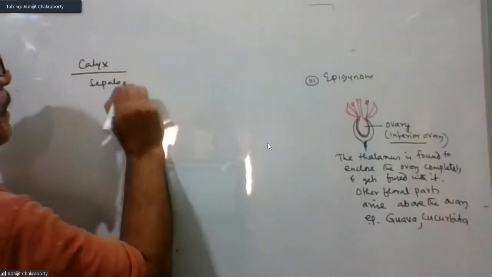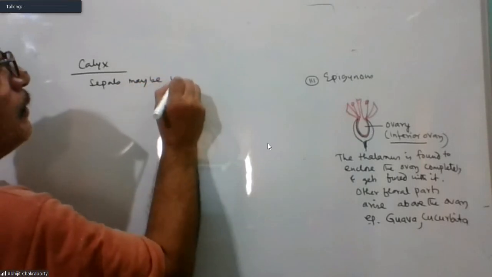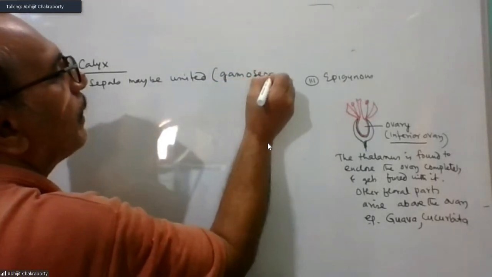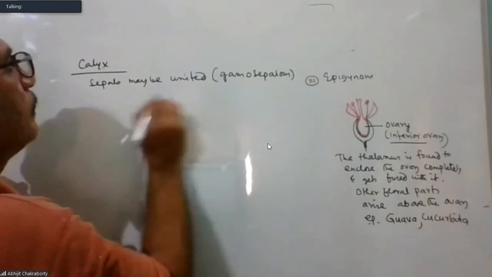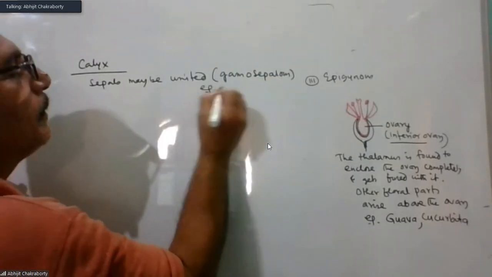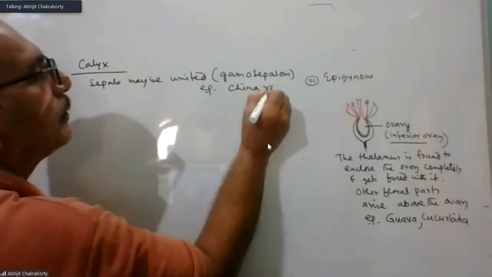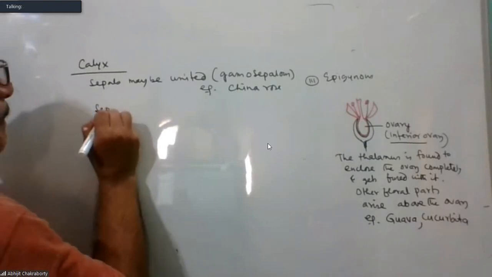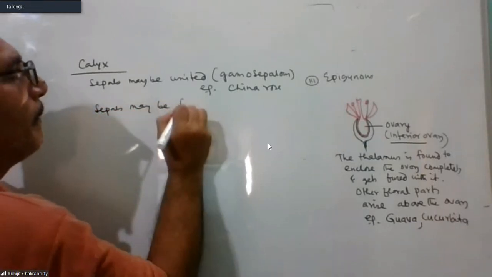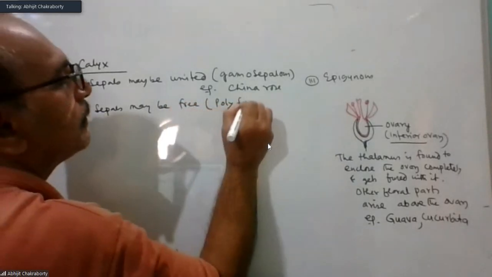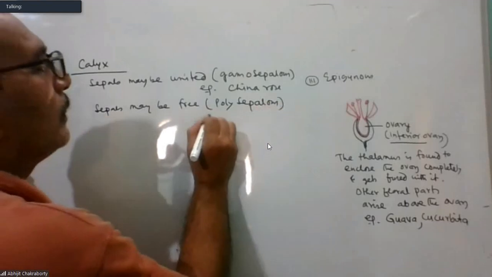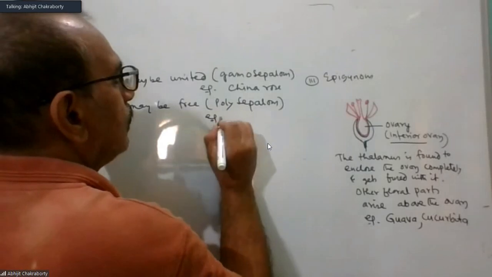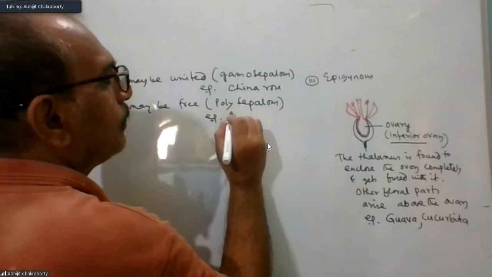Sepals may be united, that is gamosepalous. Example, China rose. Sepals may be free, polysepalous. Example, mustard.